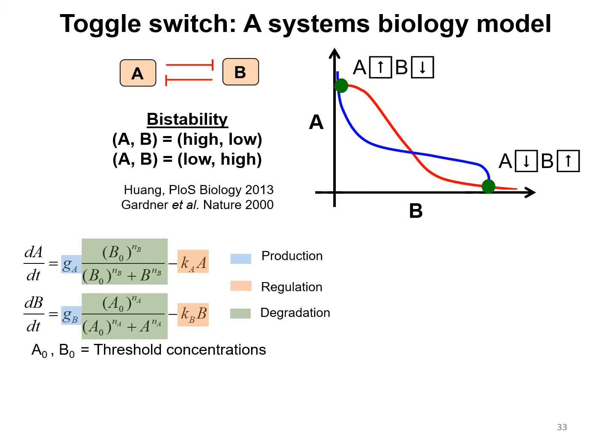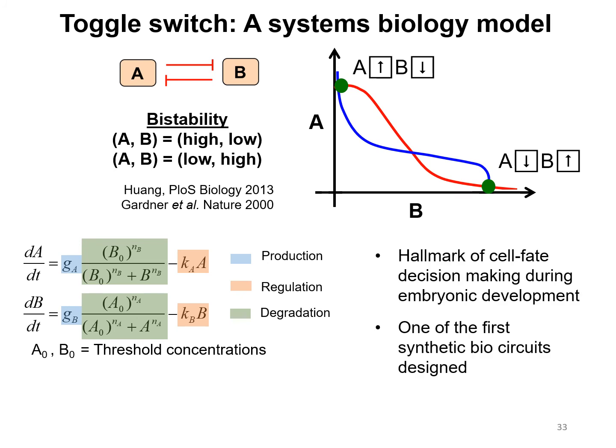Based on that, we can calculate the rate at which this molecule is decreasing. So the right hand side of this equation has two parts. One is the production and the other is the degradation, and the degradation term comes with a negative.